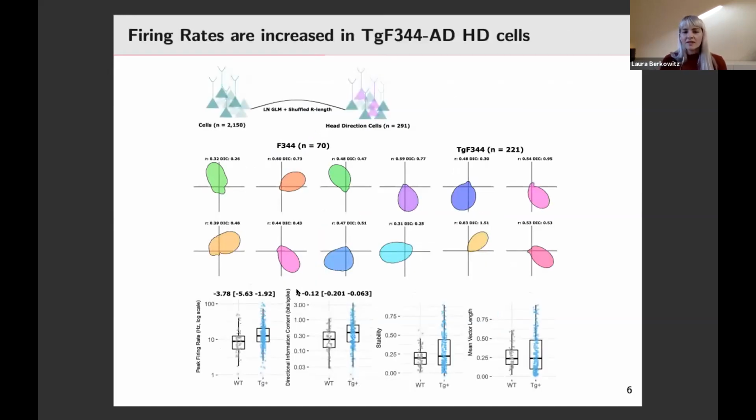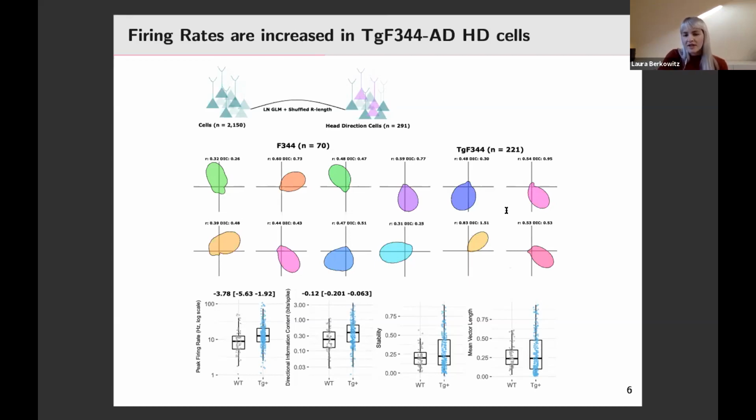Next we wanted to see whether head direction cells also exhibited dysfunction with their firing rates and/or the directional tuning aspects. Head direction cells were classified using a linear nonlinear GLM and a shuffled R length. Here are some example cells: six head direction cells from my control group, and six head direction cells observed from my TG animals.